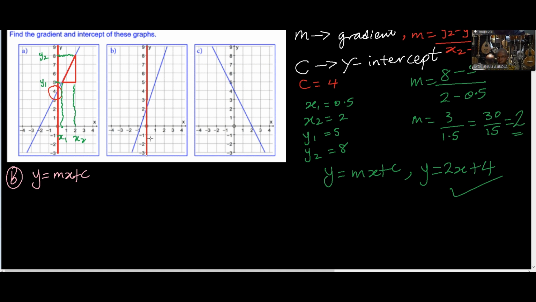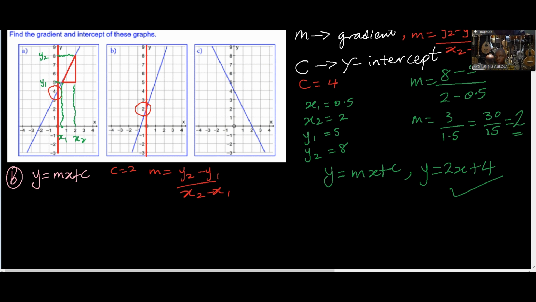So our intercept is 2 at this spot. That means c equals 2. Then we need to find m. M is the same thing, y2 minus y1 over x2 minus x1. So we need a triangle again.